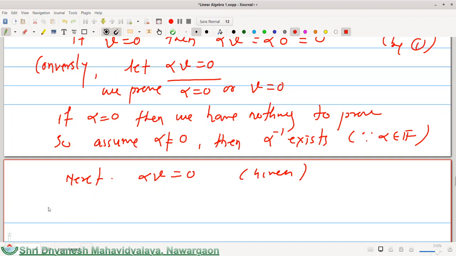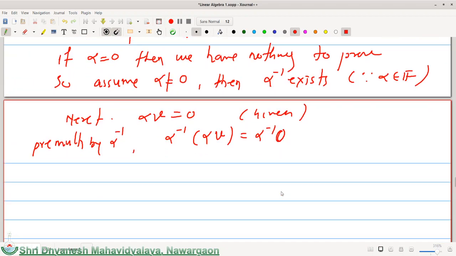Okay, we will pre-multiply this equation by alpha inverse. By pre-multiplying by alpha inverse, we'll get alpha inverse into alpha v is equal to alpha inverse into 0, which will be, by associative properties, alpha inverse into alpha, times v, is equal to, and alpha inverse into 0 will be 0.